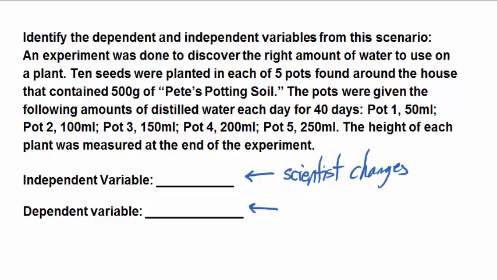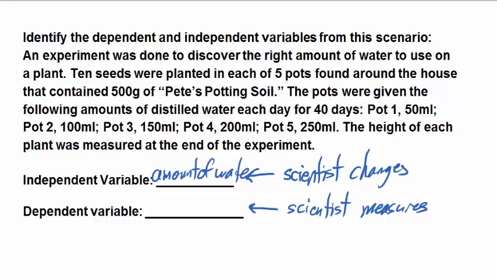The dependent variable is what the scientist measures. So if you look at this, what did the scientist change? The scientist changed the amount of water. The dependent variable, what the scientist measured, is the height of the plants.